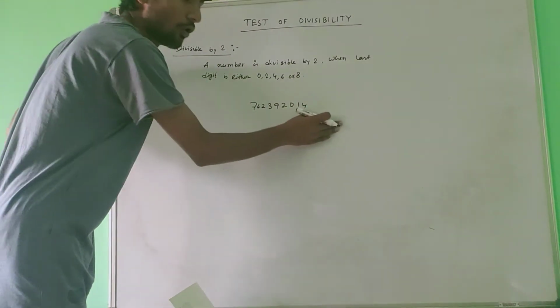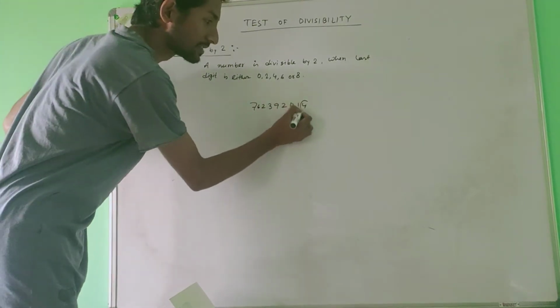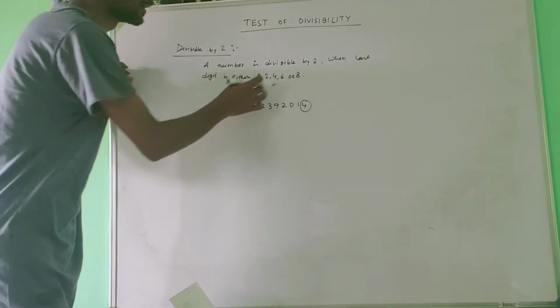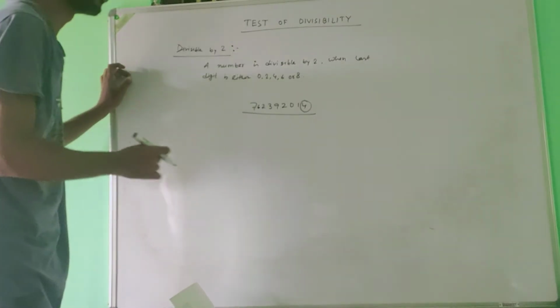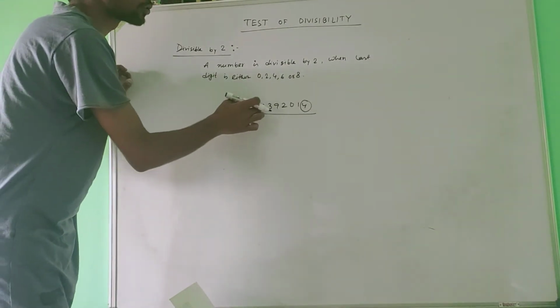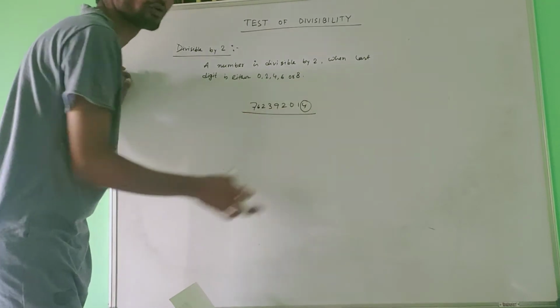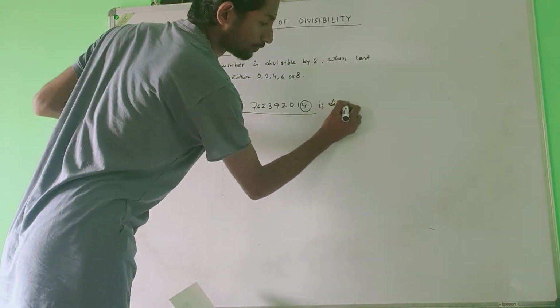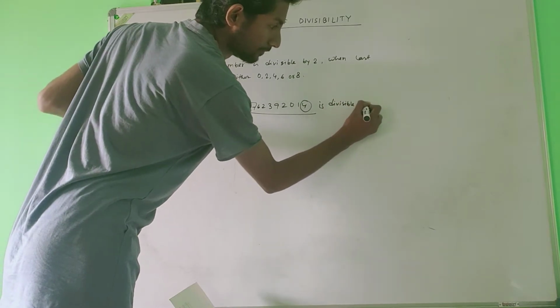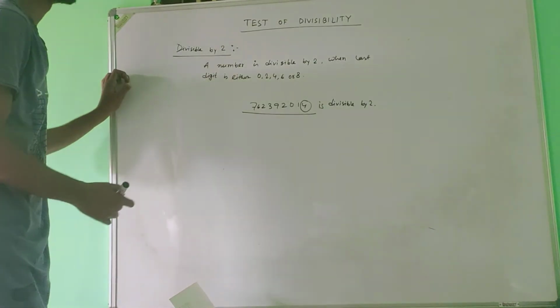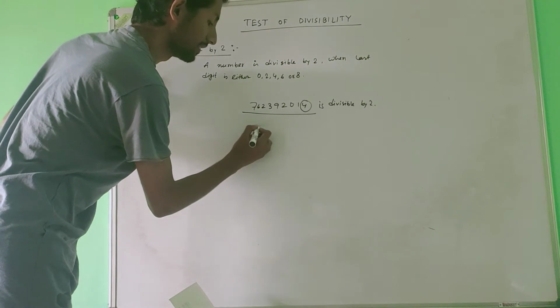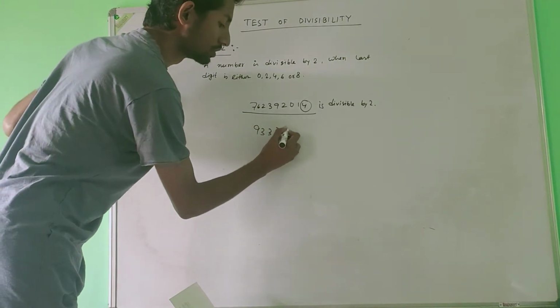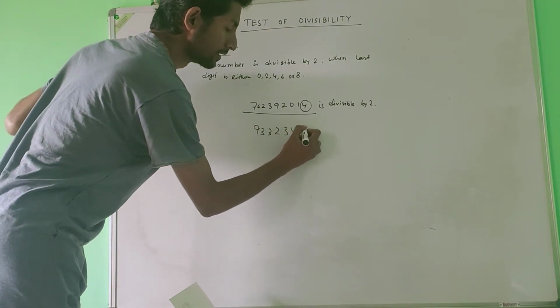In this number the last digit is 4, so we can say the whole number, 762392014, is divisible by 2. Suppose we have another number, 93323467.